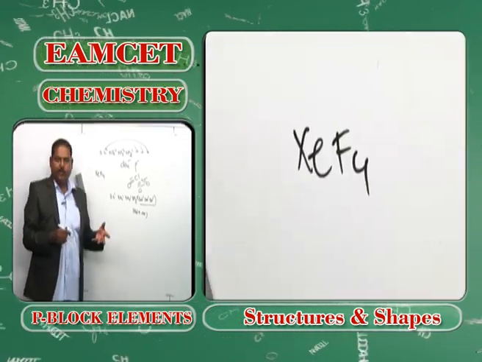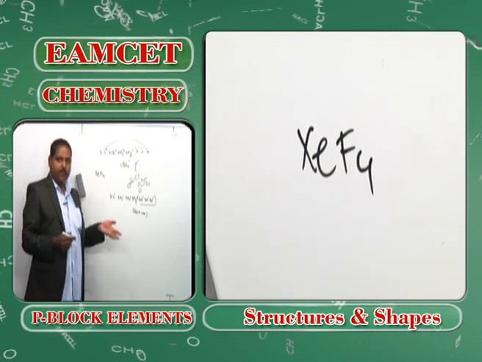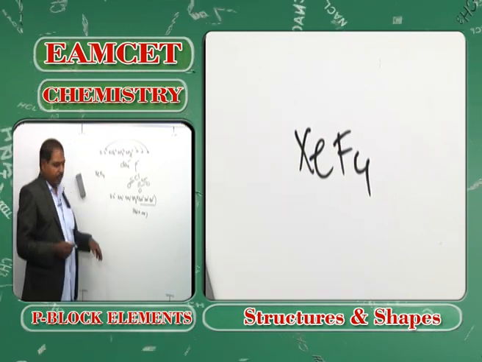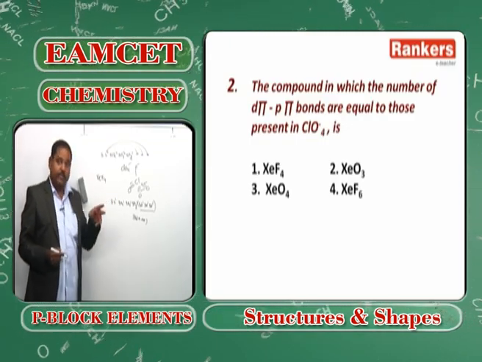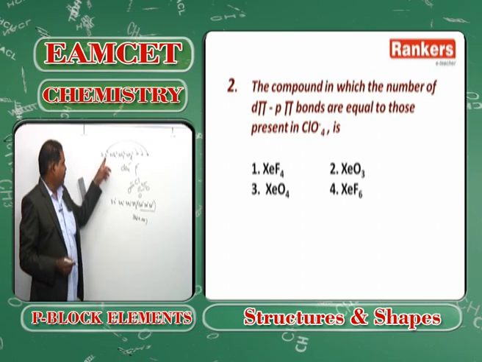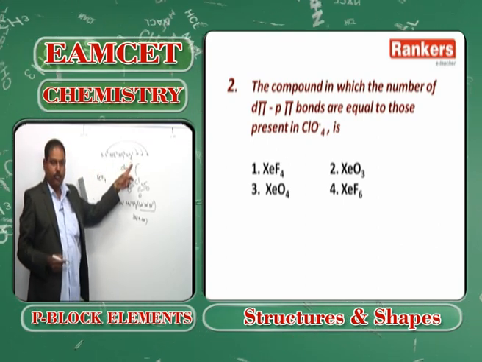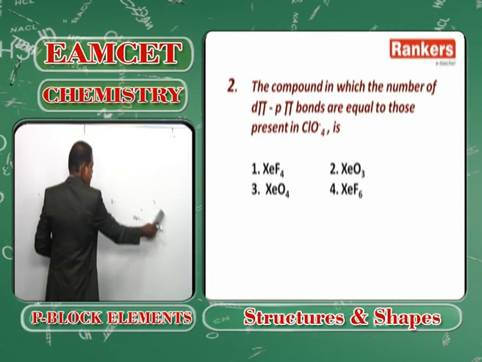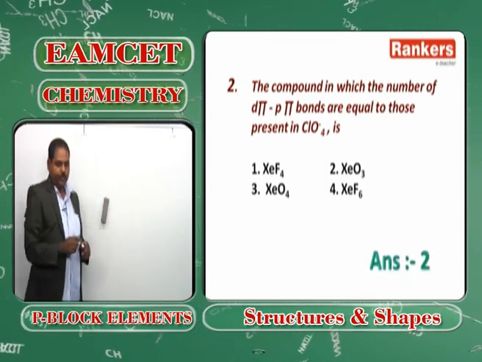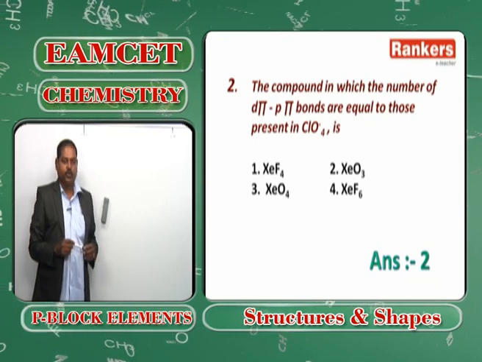XeF6 also has no pi bond. Therefore, the question doesn't even arise. So you have XeO3 and XeO4, among which XeO4 has 4 dπ-pπ bonds. If you write its electronic configuration, you will come to know. You practice the electronic configuration of xenon. So the answer on your screen says it is XeO3.